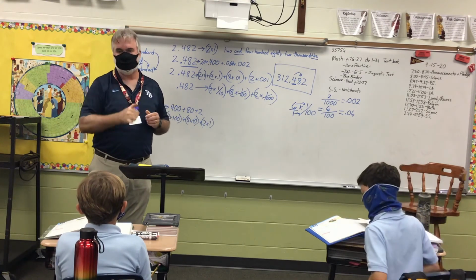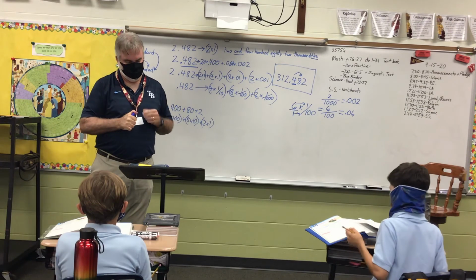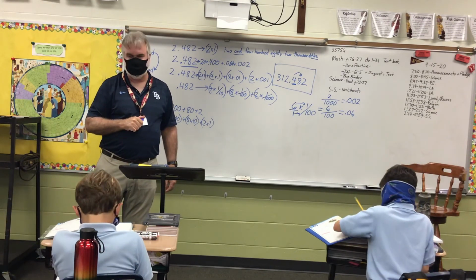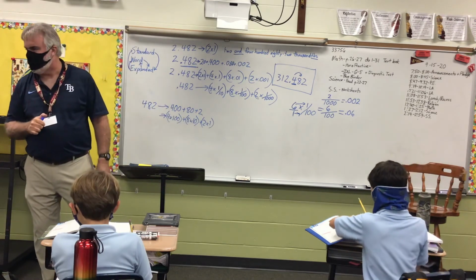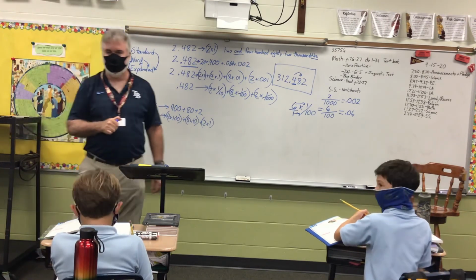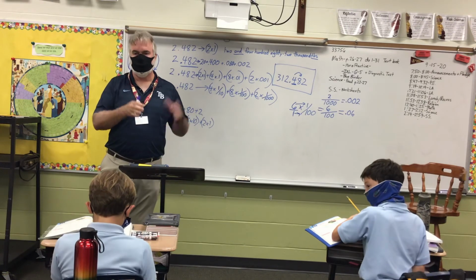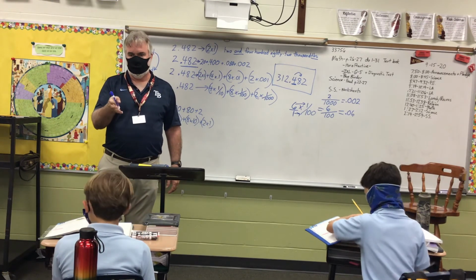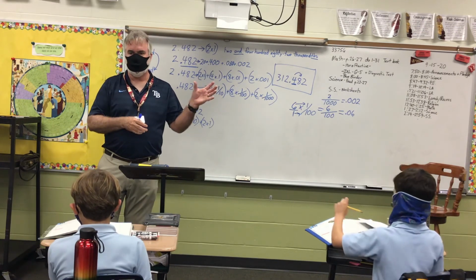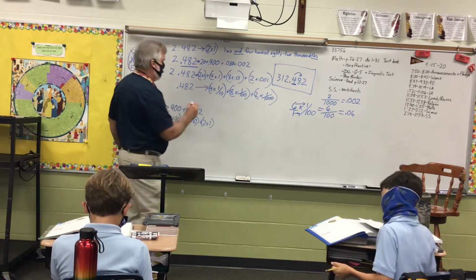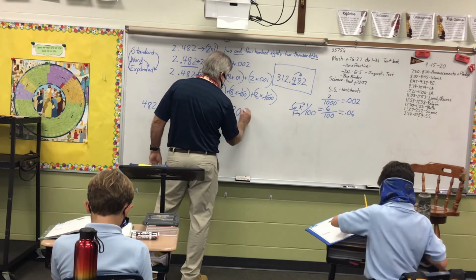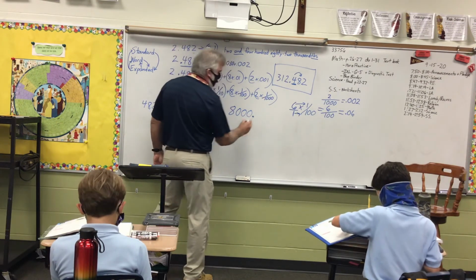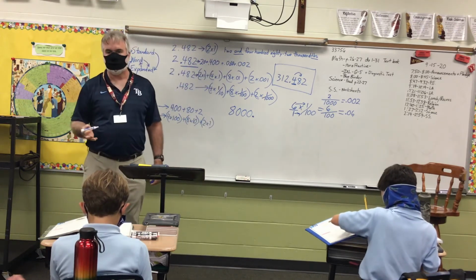Okay? Yes? Number 23, it says 8,000 and. What's and? Decimal point. So what's before it? 8,000. 8,000 and whatever the rest is.